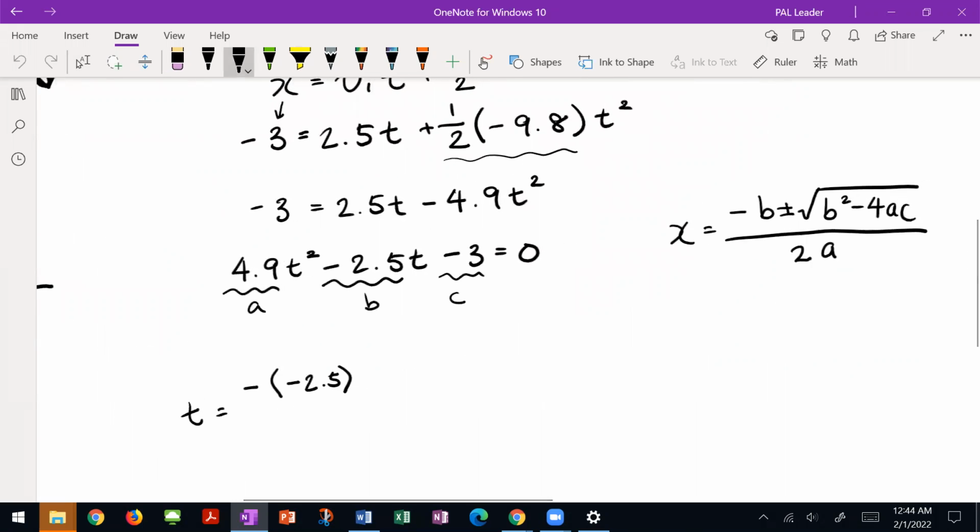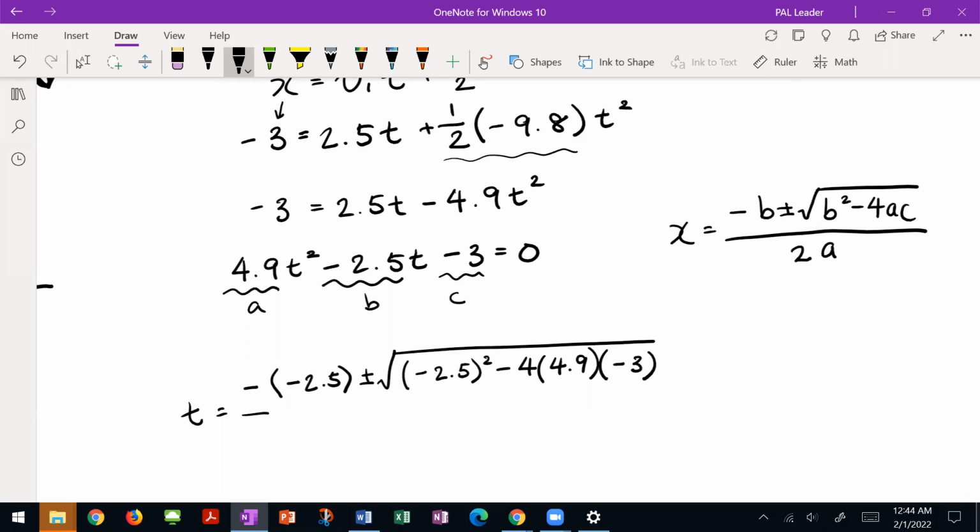So we have positive, negative, root b squared, negative 2.5 squared minus 4a. A was 4.9. C was negative 3, all in the root, all over 2a.